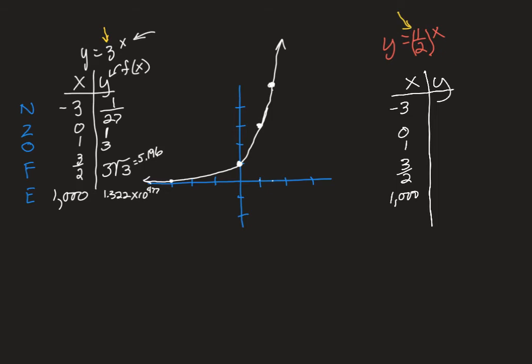Okay, for the first, -3, we have 1/2 raised to the -3. It's a negative exponent. So first I'm going to flip what's inside there, which is just like 2, that becomes positive. I got rid of that negative. So I have 2 cubed, which is 8.